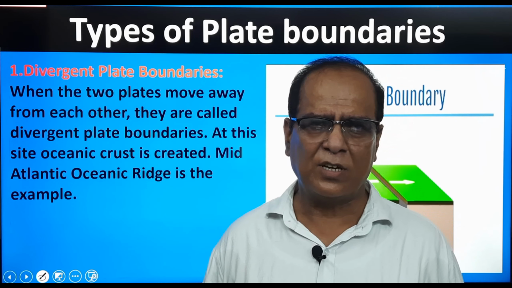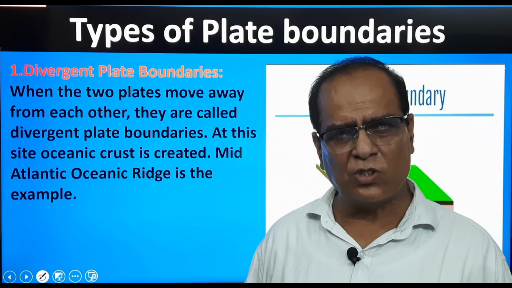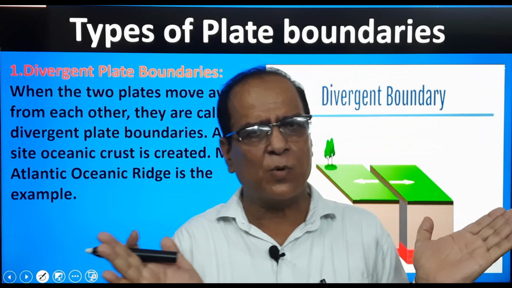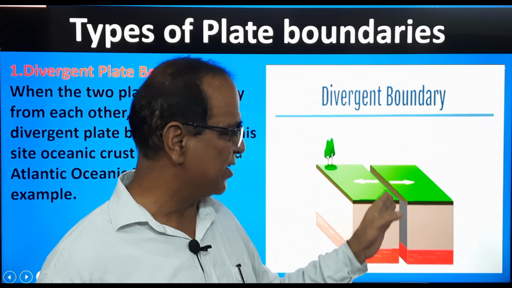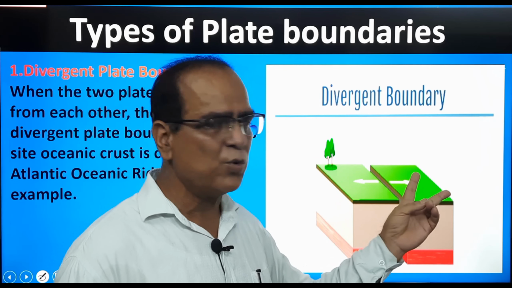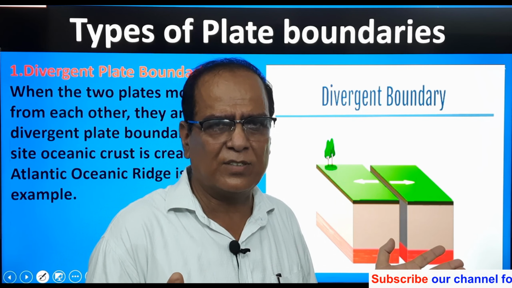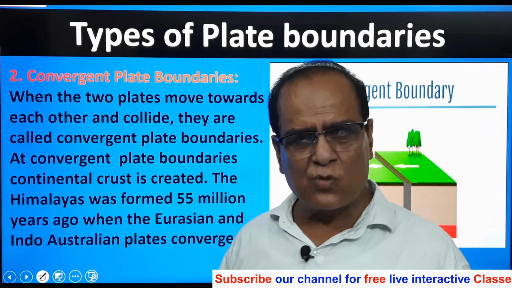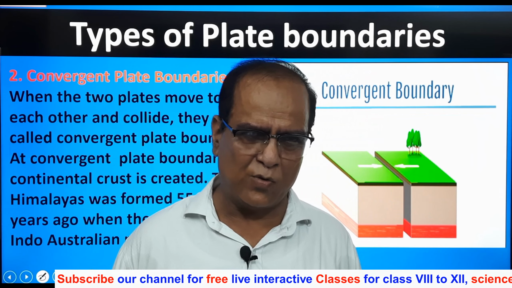It keeps on coming up, gets accumulated onto the sea floor, and from there it moves into two opposite directions. As you are finding here, magma is getting upwelled and then moves into opposite directions. So here there is the divergence.